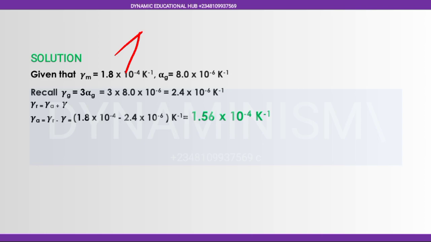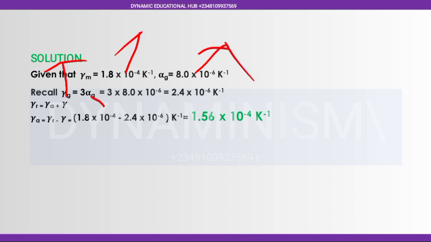for your mercury. You are given the alpha of your glass, that's the coefficient of linear expansivity. And don't forget that the coefficient of cubic expansivity is equal to 3 alpha.